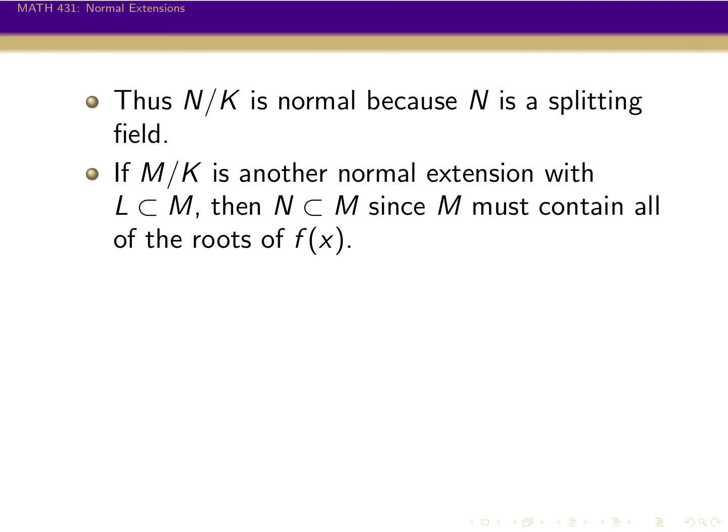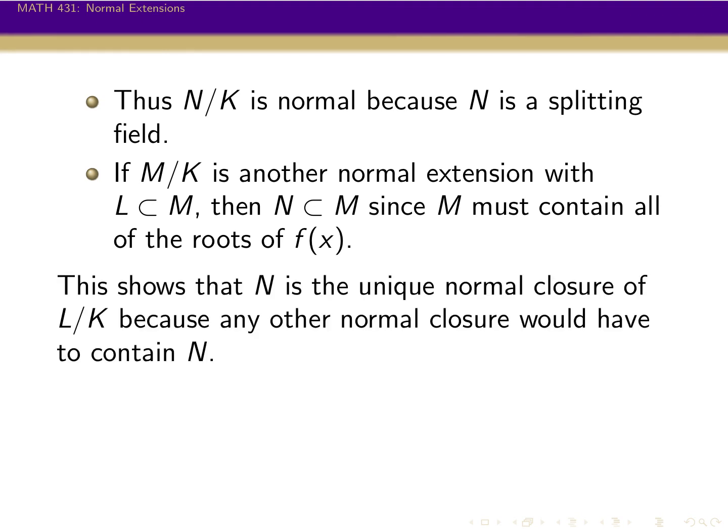Anything that contains all of the roots of f of x means f of x will split in it. And so the fact that N is the splitting field for f of x means that N is going to be a subfield of M. This shows that N is the unique normal closure. If you tried to create a normal closure in any other way, you'd end up with the same N. You'd always have N being the splitting field of f of x.